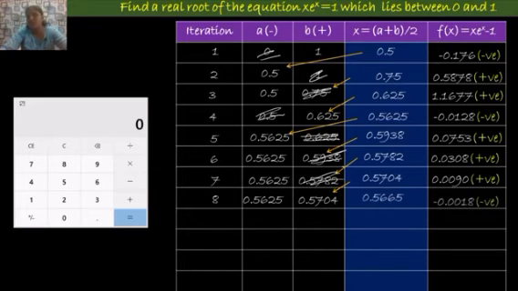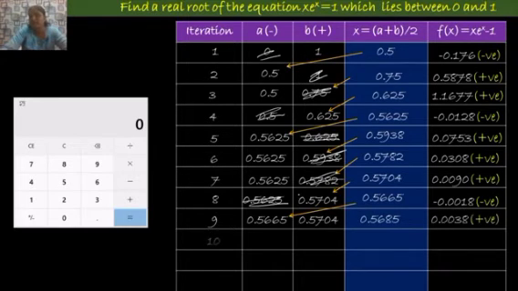At this point you get a negative value. If it is negative, again you replace a, that is 0.5625, by 0.5665. Take b as it is, and as usual calculate the value of f(x). At this point you get positive, and again if it is positive, replace b by 0.5685.